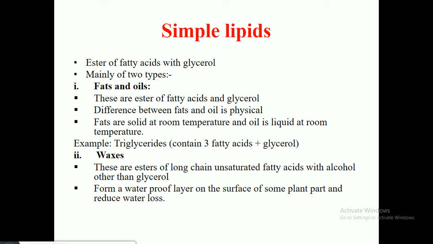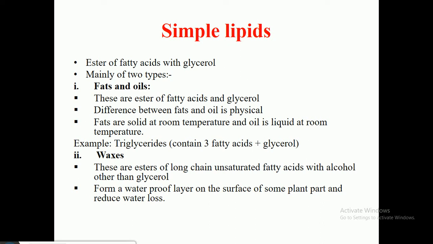How can we differentiate between them? So look at here. The difference between fats and oil is physical. Fats are solid at room temperature and oil is liquid at room temperature. So this is the main difference through which we can differentiate between fats and oil.